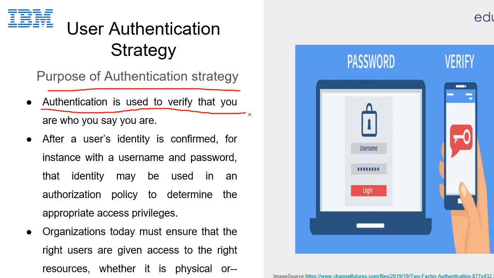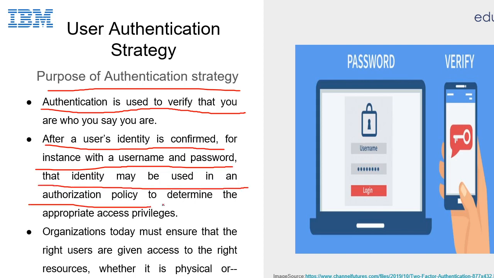After the user's identity is confirmed, for instance with the username and password, that identity may be used in an authorization policy to determine the appropriate access privileges. So with the help of the username and password, that will determine the authorization policy.